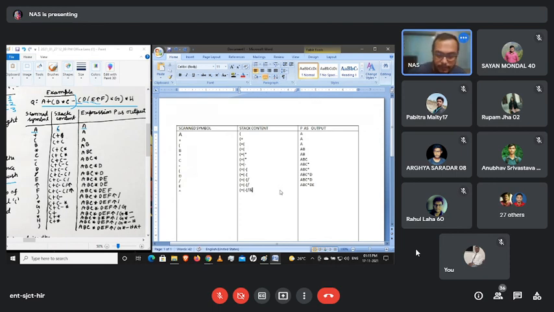Here the higher precedence is on the right side and the lower precedence on the left side. So if this situation occurs, there will be no changes. Am I clear? Remember this. If higher precedence is on the right side and lower on the left side, there will be no changes. And if the higher precedence is on the left side and the lower precedence is on the right side, then the higher precedence will move to the output.